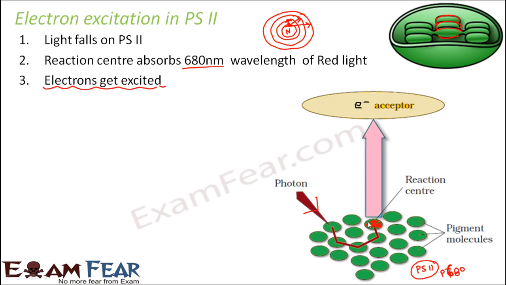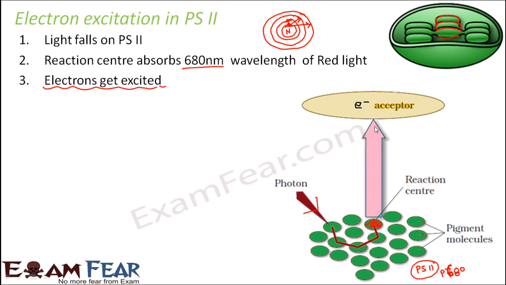When the reaction center gives so much energy, the electron gets excited and jumps out and goes to a primary acceptor which accepts the electron. So basically the electron gets excited to higher energy levels away from the nucleus. So this is what is happening here.